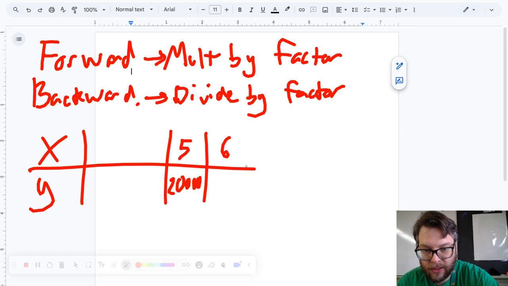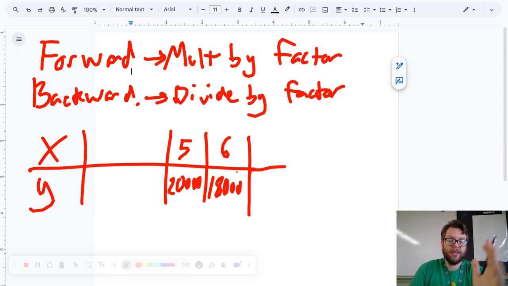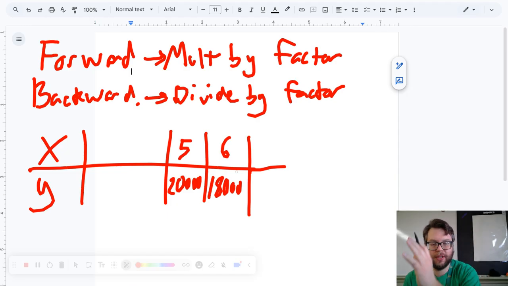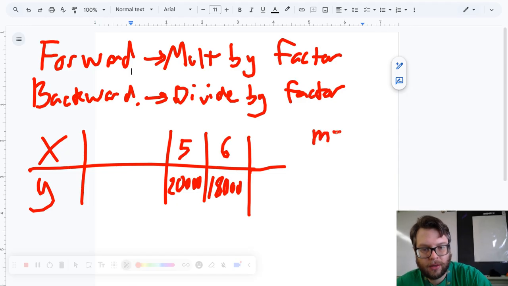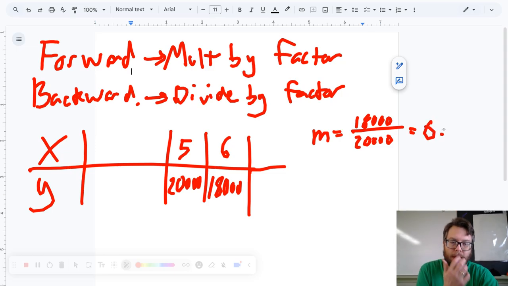And then 6 years after I bought it, the value has dropped down to $18,000. And I want to know what was, if this really is an exponential pattern, what would be the value of the car the year that I bought it? Well, I can find my factor by taking the later y value, dividing by the earlier y value. 18 out of 20, that's 0.9.